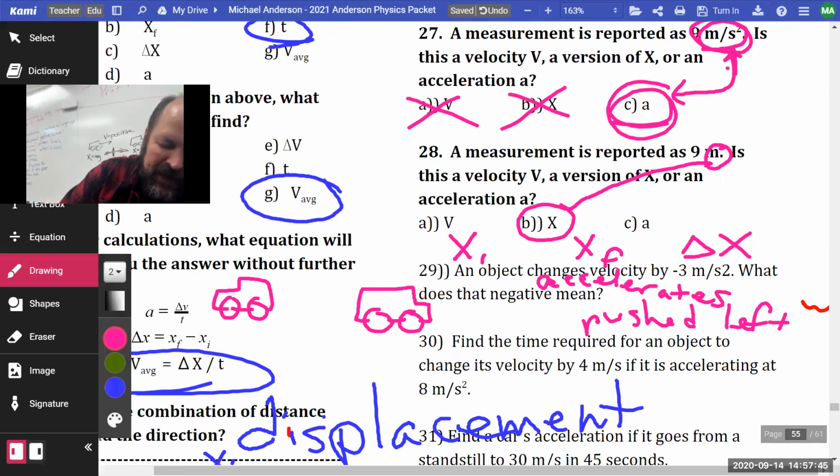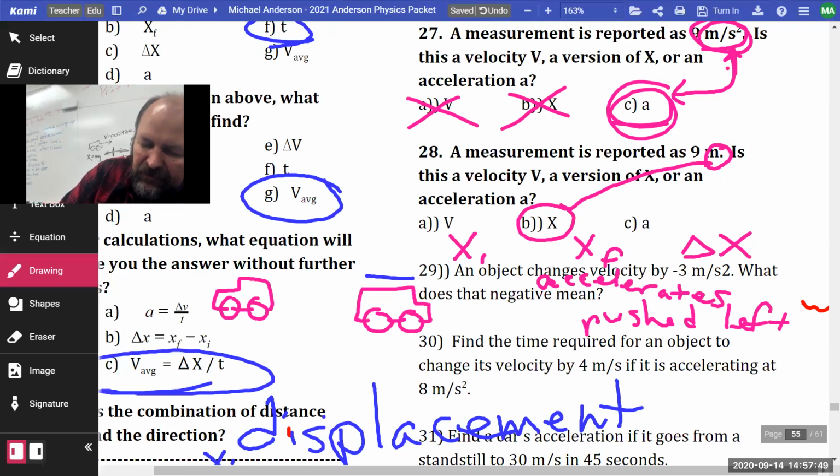So if I had a car that is going to the right, and it's being pushed in this direction, pushed left, it's going to have a negative acceleration and it's going to slow down.